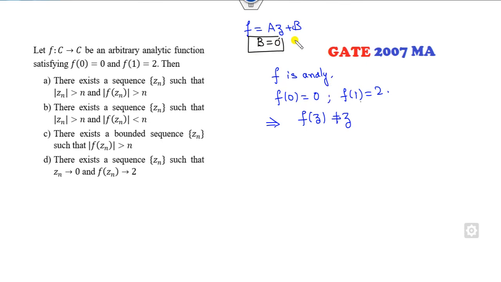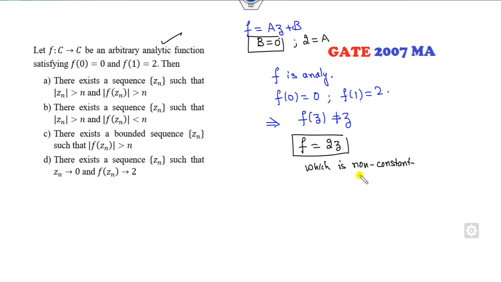F of 1 equals 2 means 2 is equal to a. Therefore my function is 2z, which is non-constant, and also it is an analytic function. So what is the meaning of that? F is a non-constant entire function.